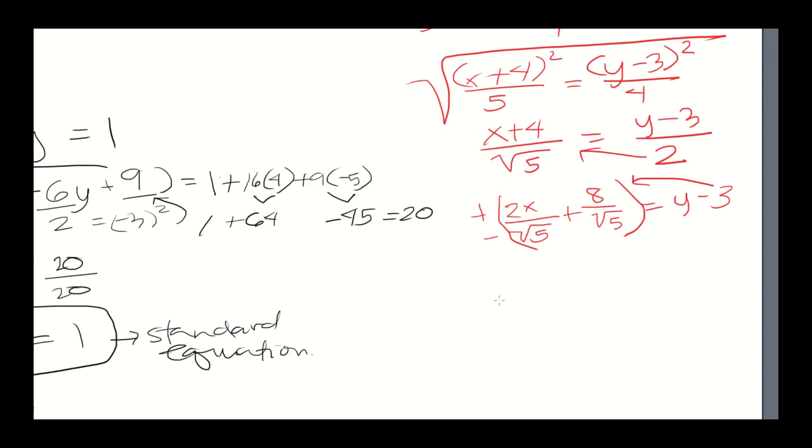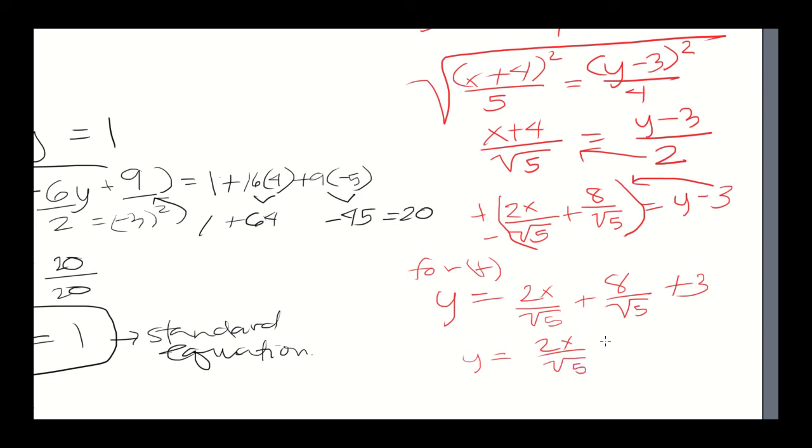So y equals, we use positive first, so for plus, we use 2x over square root of 5 plus 8 over square root of 5, and it will become plus 3. Then y equals 2x over square root of 5 plus (8 plus 3 square root of 5) over square root of 5.